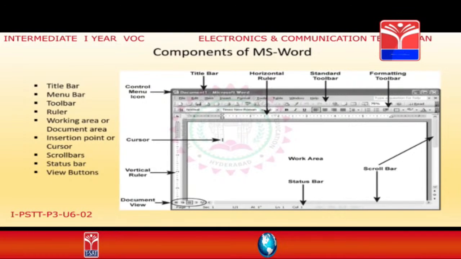You can observe the components of MS Word on the screen like this: control menu icon, title bar, horizontal ruler, standard toolbar, formatting toolbar, cursor, vertical ruler, document view, work area, status bar, scroll bars.